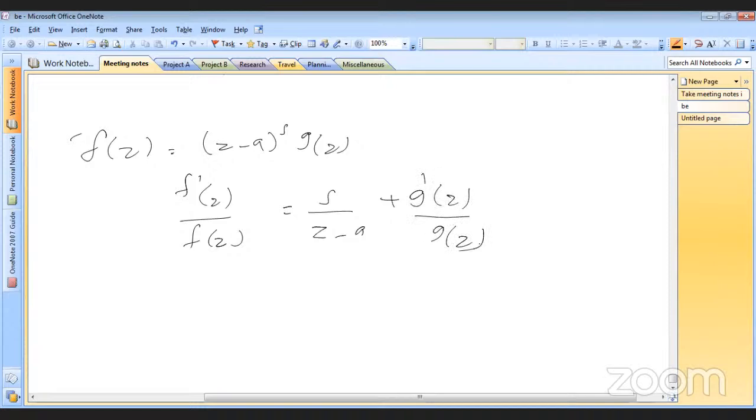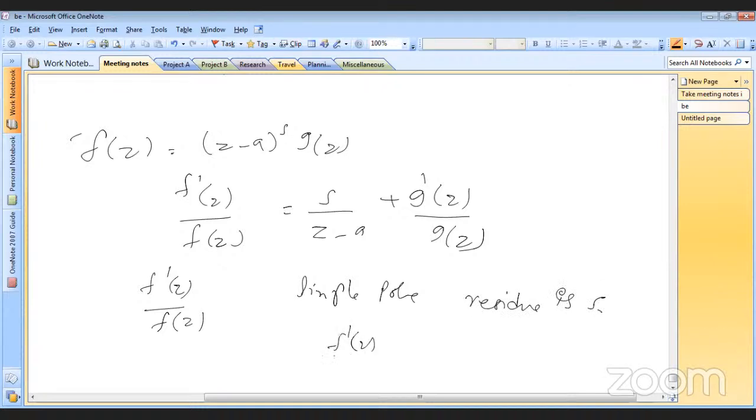So f dash z by f of z has a simple pole at a with residue s.